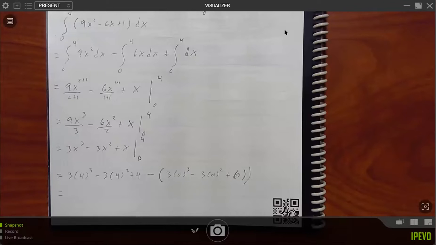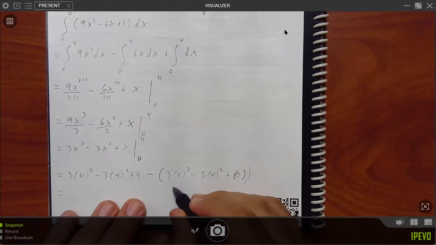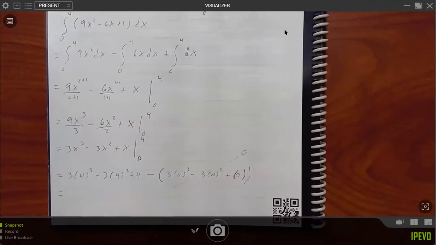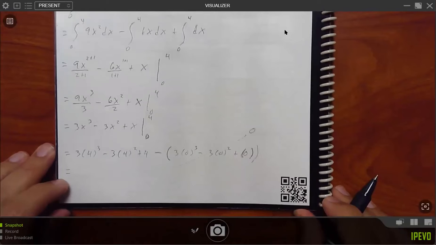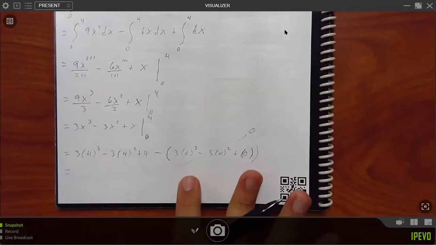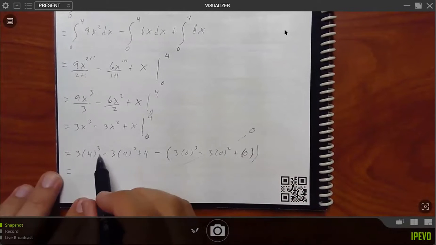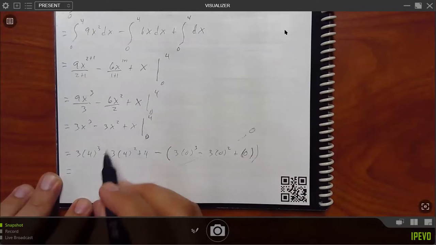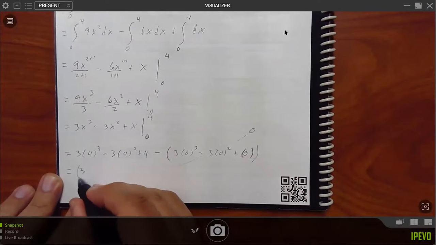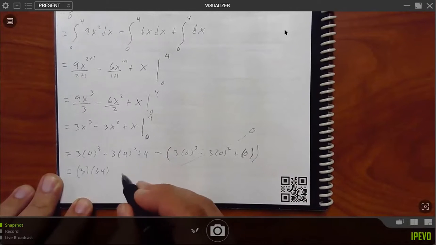So far, does it make sense? Yes, sir. Let me know if there's anything weird, or if I lost you along the way. This part is obviously 0, right? 0 times 0 times 0. 4 cubed, what is that, 64? That's 3 times 64.